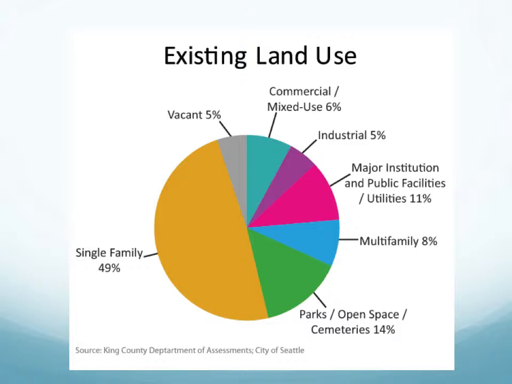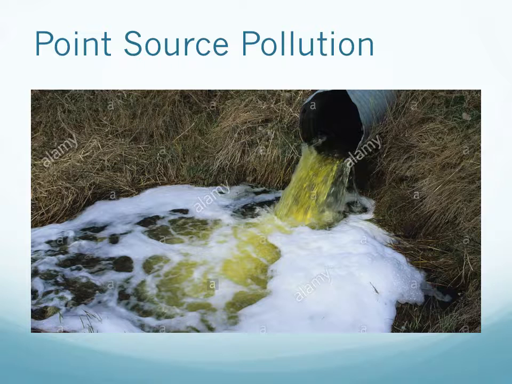Your public facilities would be hospitals and schools and police stations, things like that. Commercial mixed-use areas are lots of different shops. All of these areas are going to be different sources of different types of contamination. You've got metal workers and auto body shops. All these folks are going to have pollutants of different kinds that react with the water differently if they get out into the water system.